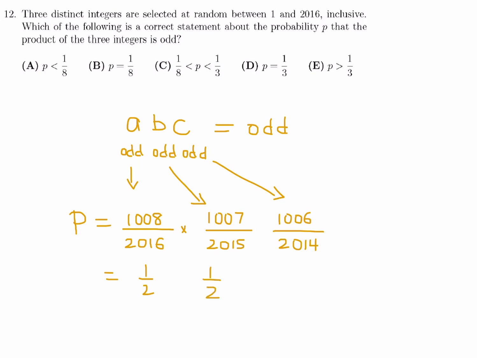So that means I've got to make this a less than symbol. Less than. And this is also slightly less than a half. So less than. So basically less than 1/8. So P has got to be less than 1/8. And of the answer choices, that's A for number 12.